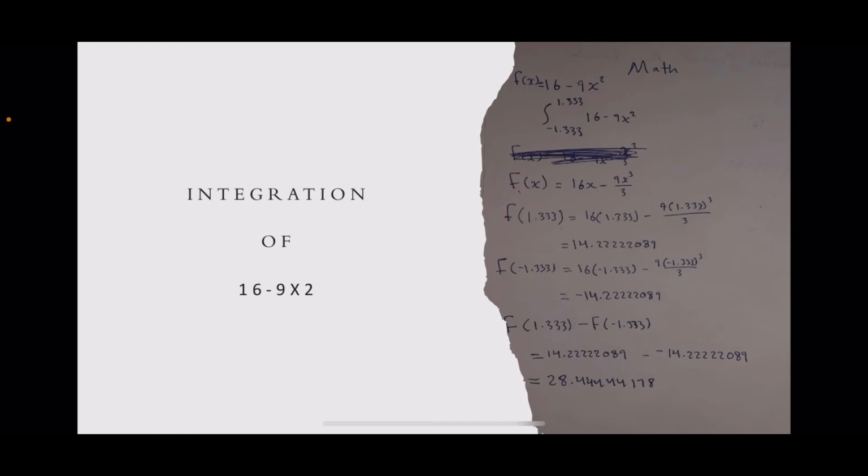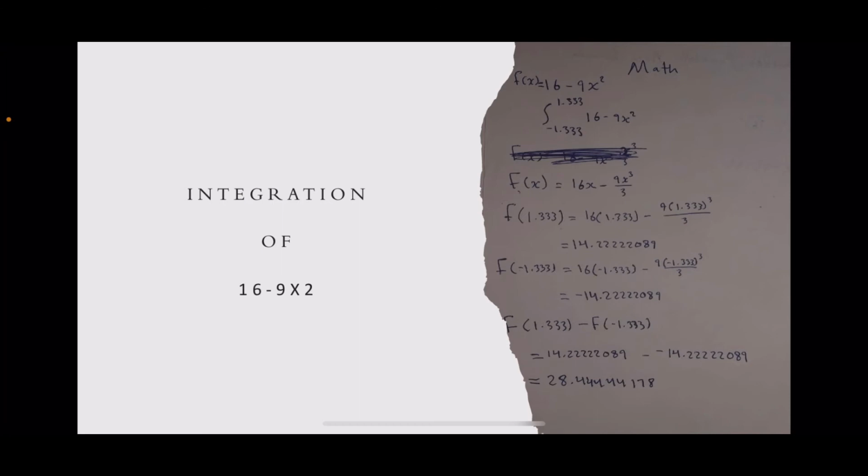f of minus 1.333 equals 16 multiplied by minus 1.333 minus 9 multiplied by minus 1.333 over 3, equal to negative 14.22.